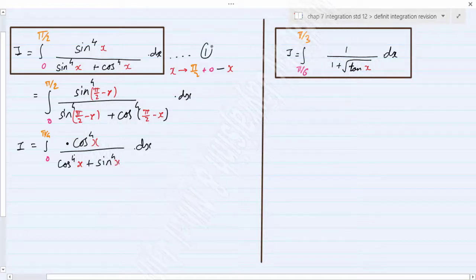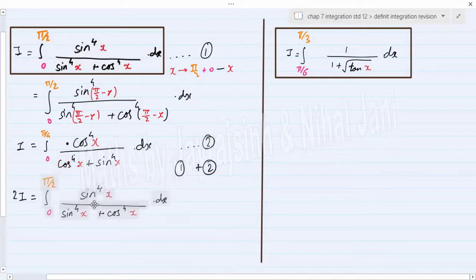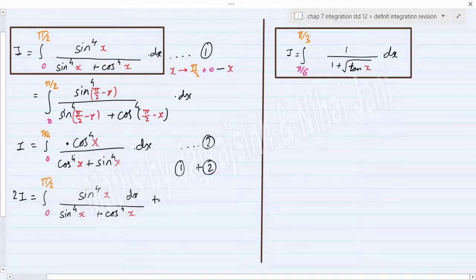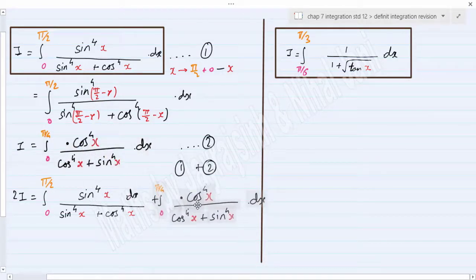Now equation number 1 and equation number 2, let's add 1 with 2. On the left side we have I and I, so we will get 2I. Right side of the first equation, place it over here, plus right side of the second equation, place it over here.